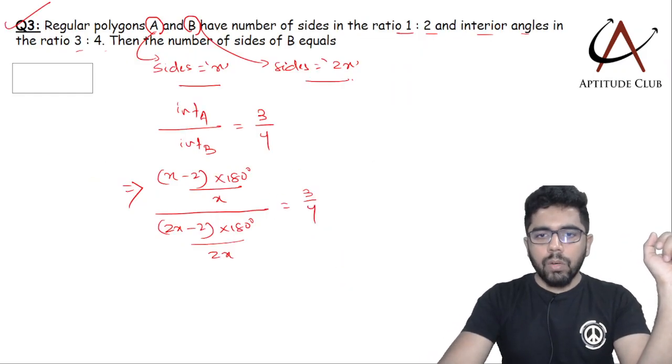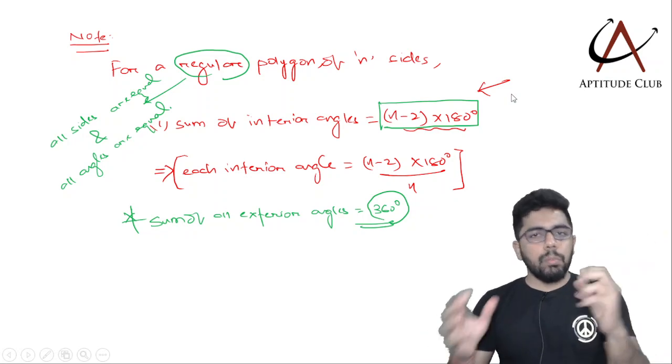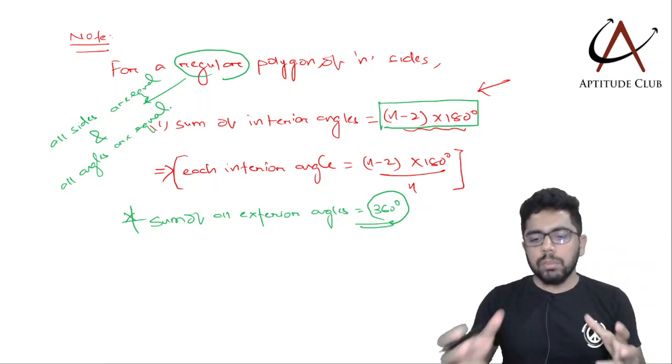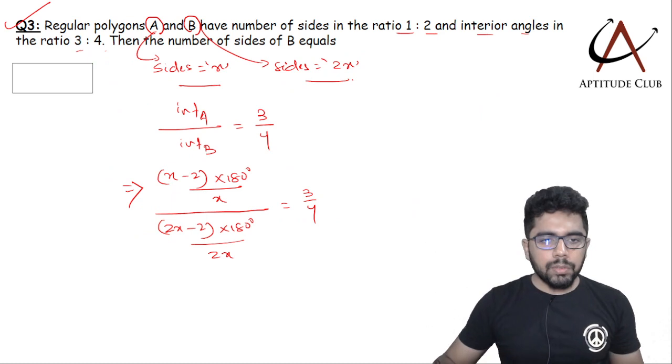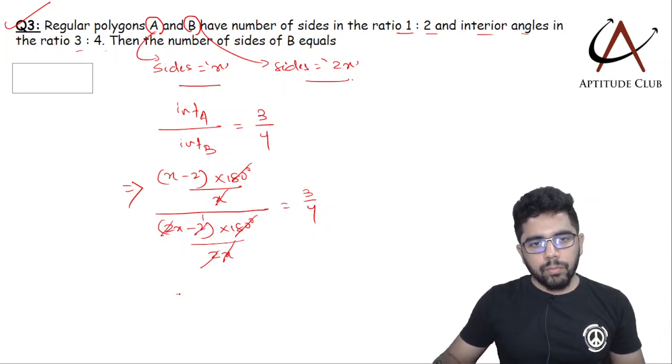I just directly use the formula. n minus 2 into 180 degrees is the direct formula to be used, where n is the number of sides. So in place of n, if x is the number of sides, it is x minus 2, and if 2x is the number of sides, then 2x minus 2. So x gets cancelled out, 180 degrees gets cancelled out, and here 2 will get cancelled out. So you get x minus 2 divided by x minus 1 is 3:4.